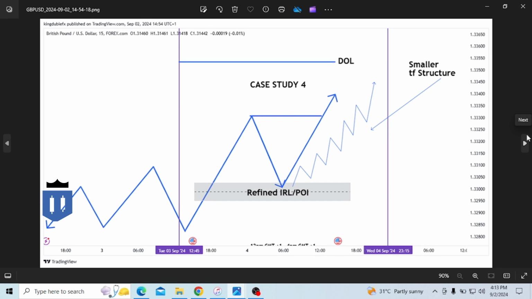So case study 4 is a situation whereby you came on charts and during your session, price just took out a high, an old high on that 4 hour time frame or any time frame you're looking at. Price just took out that high. Where is your next draw? It took out the high.